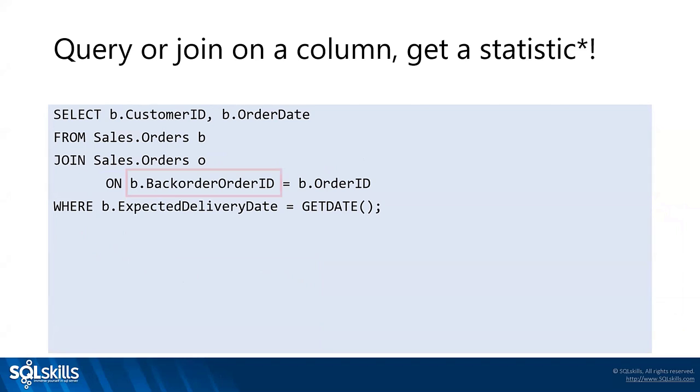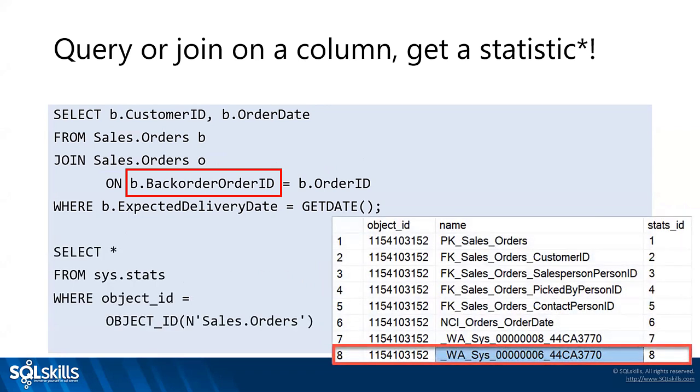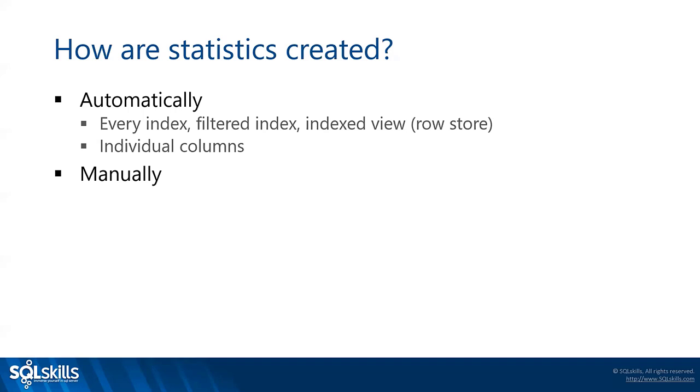So if I expand this a little bit and join on the back order ID column, I also, when I check sys.stats, see that I have a statistic for that column as well. This is expected, this is normal, this is necessary for the optimizer because those statistics also provide information about the distribution of data in those particular columns.